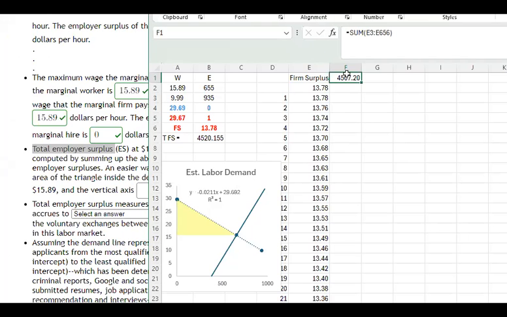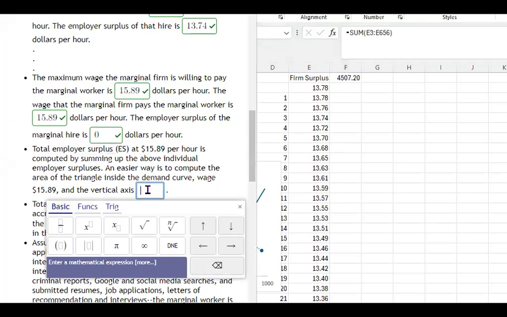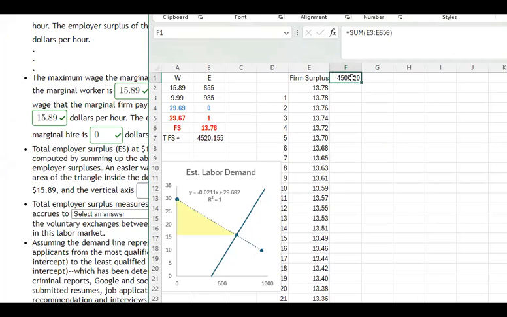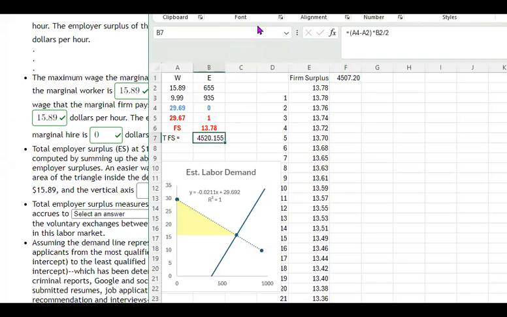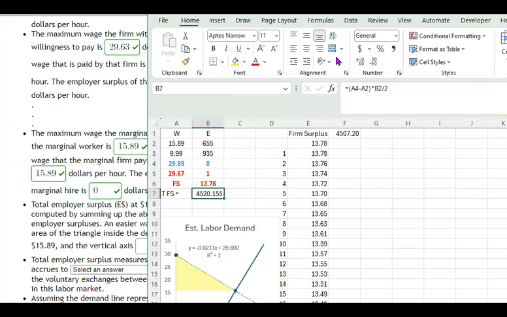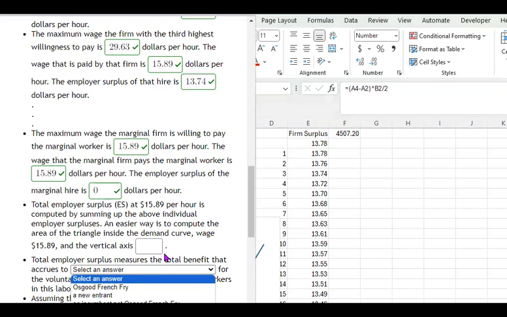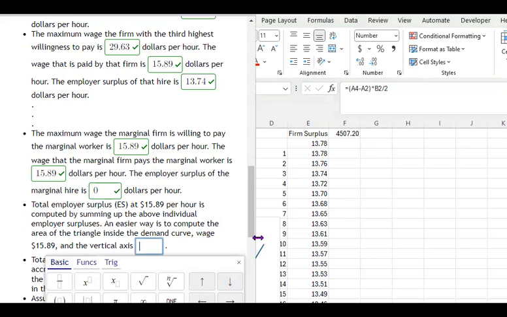If we use this value in our answer, we're going to get it wrong because the algorithm is using the area of the triangle for this calculation here. So we're going to use this one to 2 decimal places. So the total firm surplus or employer surplus, the firm here is an employer, right?